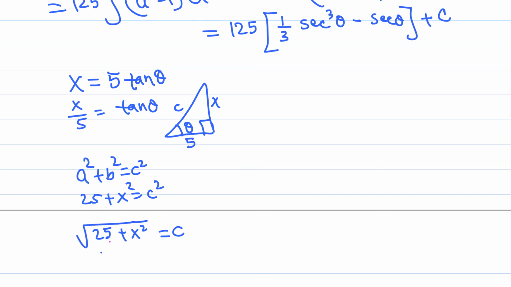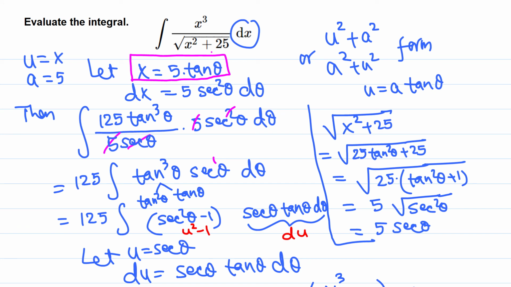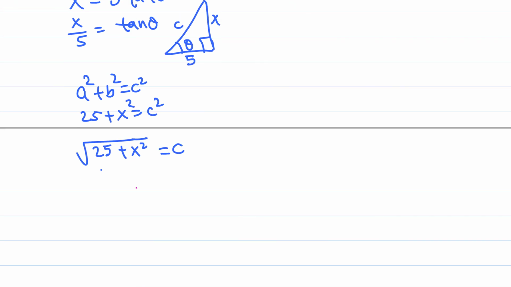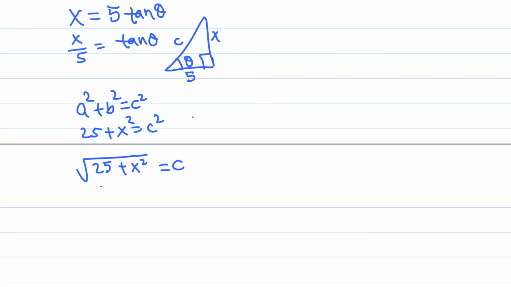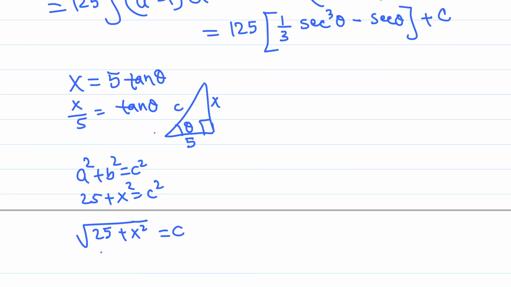Somehow this unknown side always comes back to one of the radicals in the question, x squared plus 25. So this side is the square root of x squared plus 25. Now using this we can finish this problem.